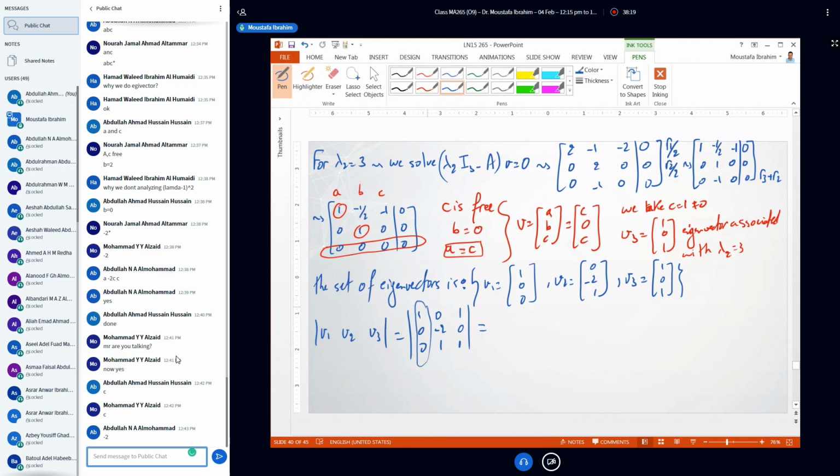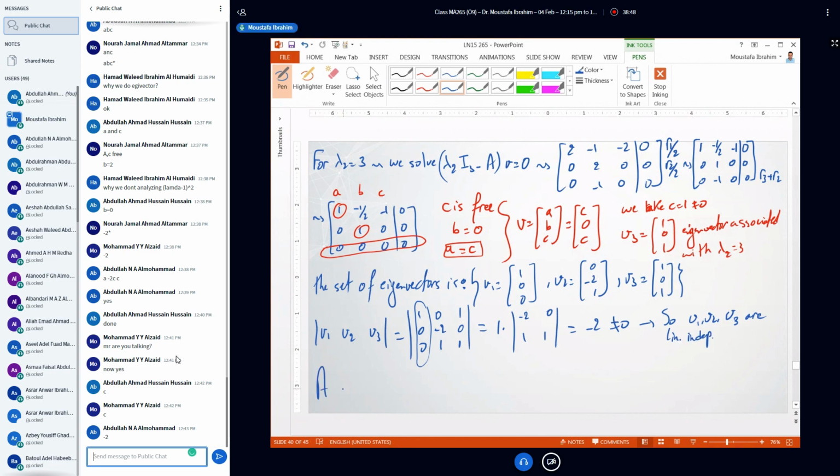Again, we do cofactor expansion along the first column, so we get 1 multiplied by the determinant of -2 0, 1 1. Here it's triangular, so it will be -2, different than 0, so V1, V2, V3 are linearly independent.